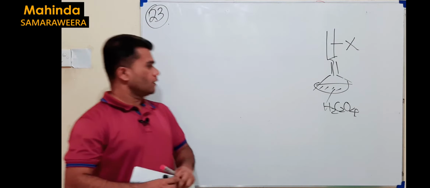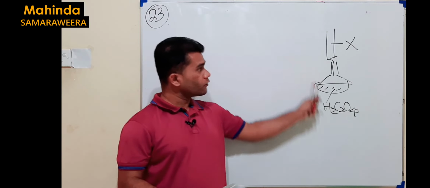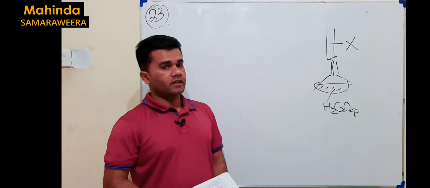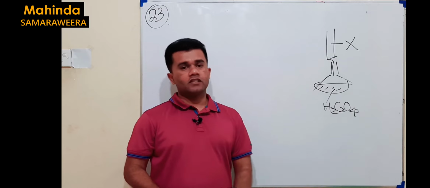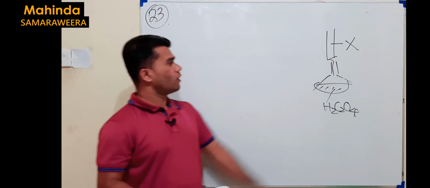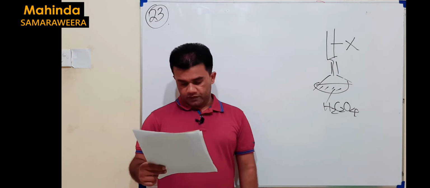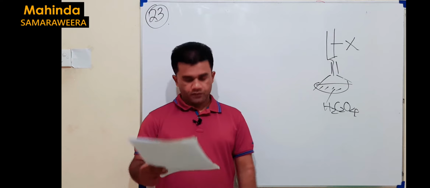If you are to determine the concentration through titration, there should be a vigorous reaction between these two. That's a main requirement. Then you have to find out which of these compounds can react with H2C2O4 vigorously.